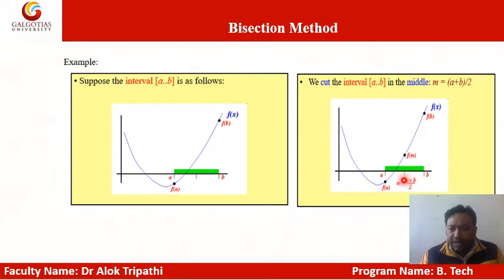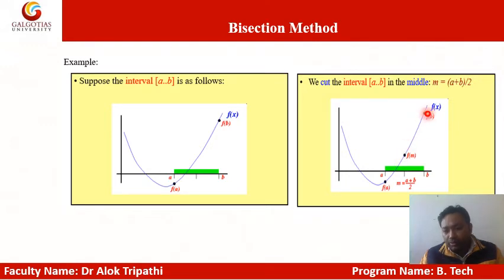You can see we have two intervals here, interval a to m and m to b. Now can we choose the interval m to b? No, because at the midpoint m the value of the function is f of m, and at the endpoint b the value of the function is f of b, and both values are positive.